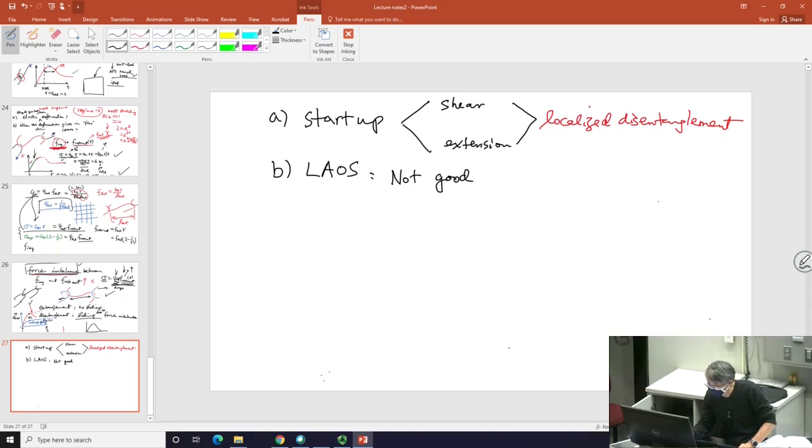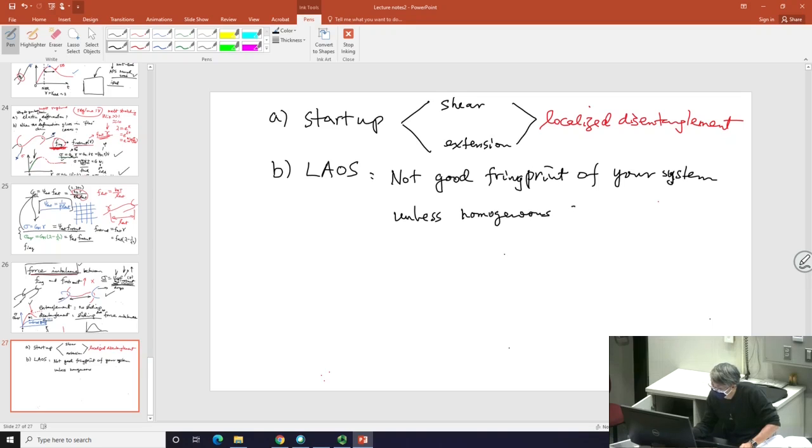It is not a good fingerprint of your system unless homogeneous shearing is maintained. Okay? This, of course, sends an alarm.